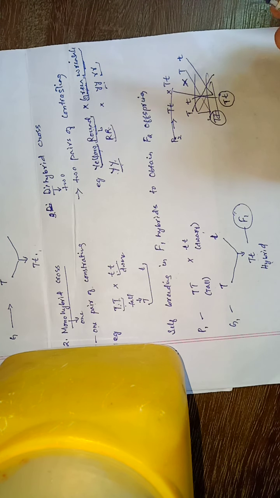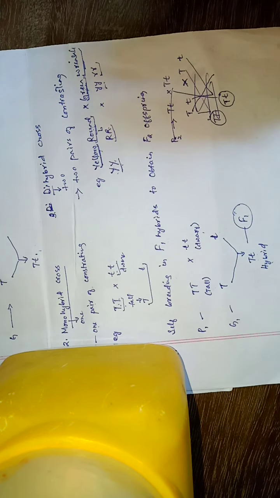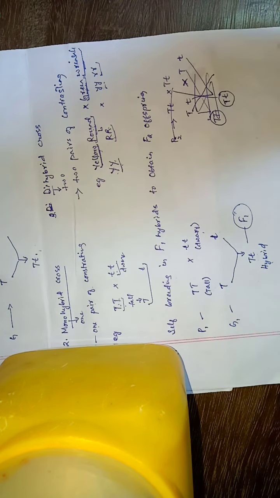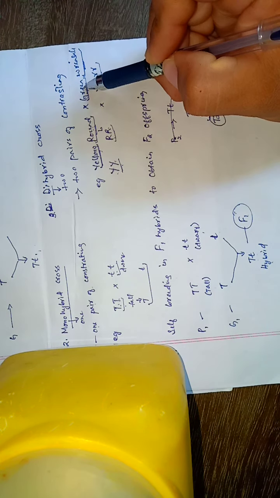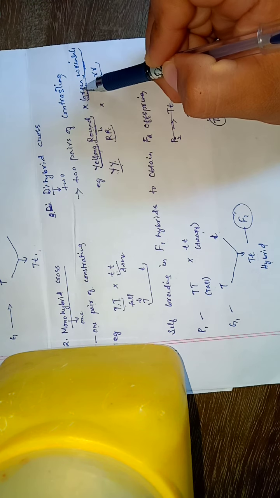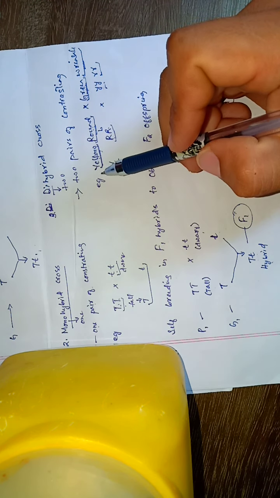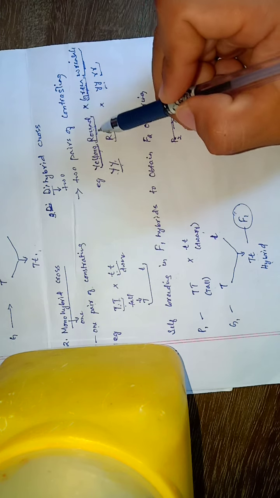In this case, let's go back to the characters that have been chosen by Mendel in the pea plant. He chose 7 characters. Out of that, let's take an example of seed color and seed shape.